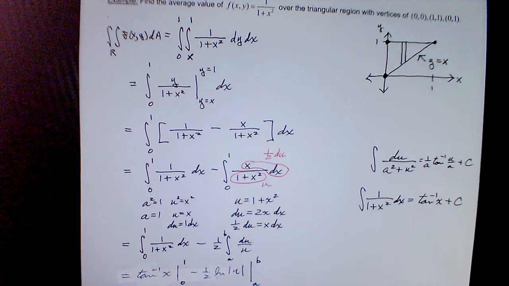So that's inverse tangent from 0 to 1 again. I'll just recopy that. Now I'll put back my u. Was 1 plus x squared. So 1/2 natural log absolute value of that evaluated, now I could say I'm going from 0 to 1.